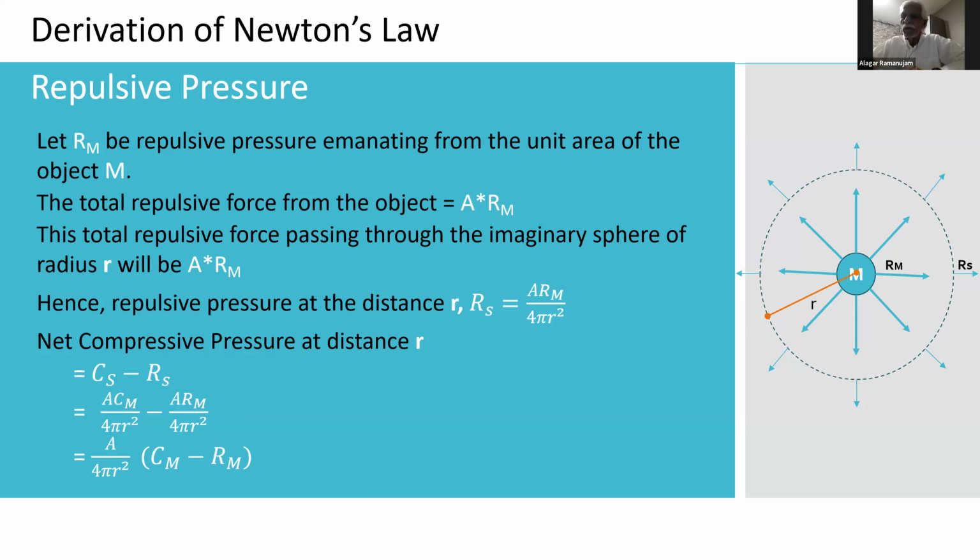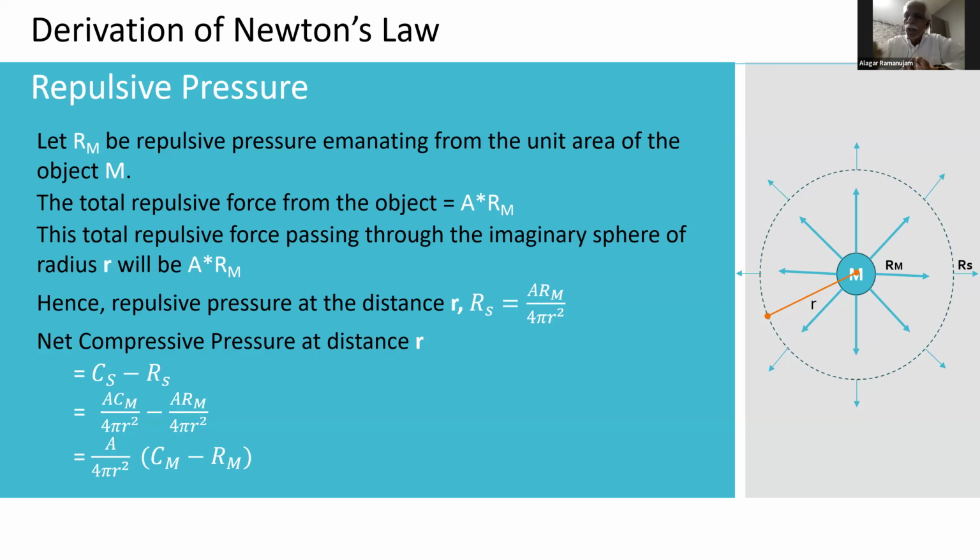So through the sphere, which we are considering as an imaginary sphere at a distance r, A into Rm will be passing through it. So now the question is, what will be the repulsive pressure passing through unit area of the imaginary sphere?